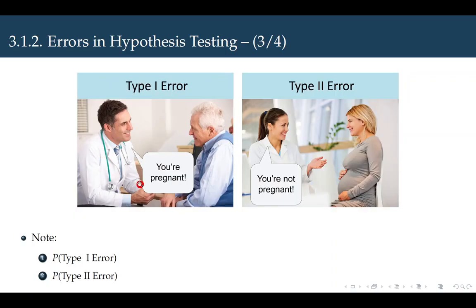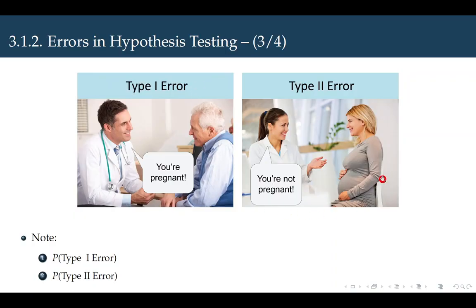But the doctor says you are pregnant. That means here H naught, which states there is no pregnancy, is true, but the doctor rejects the null hypothesis, which is actually true. Therefore, here we are committing type 1 error.